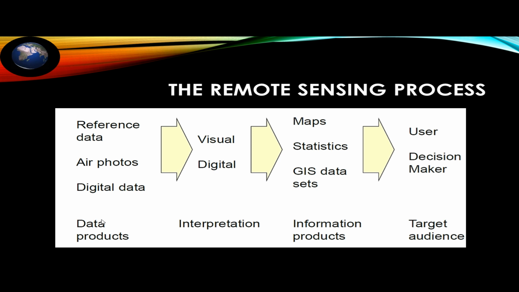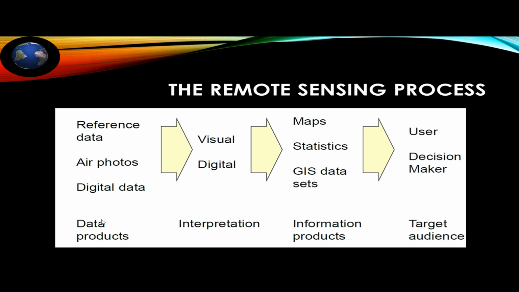Then we will go to statistical analysis of the information products like GIS datasets, maps and statistics. And then further it goes to the users and decision makers, the target audience. Okay, here urbanization is haphazard, so here we can think of it, or these are the barren lands where we can establish some more industries, which lands are not sustainable for agriculture production.